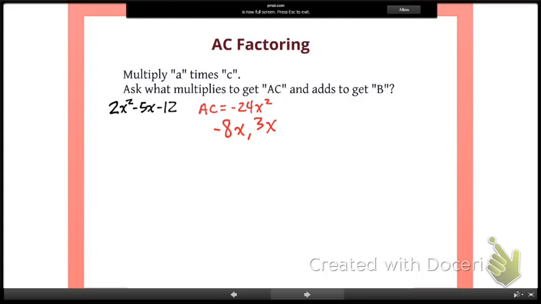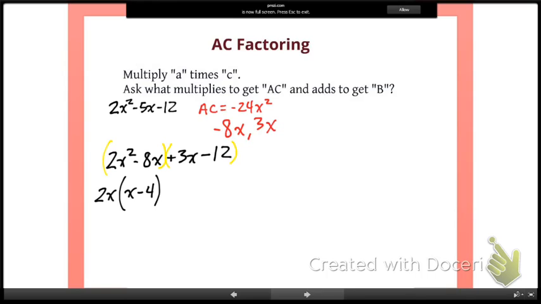So we have our middle two terms, and what we're actually doing is writing negative 5x as the sum of negative 8x and 3x. So we're going to rewrite our original problem, this time creating 4 terms. Now you take the first 2 terms and group them, and the second 2 terms and group them. After you've grouped them, you see what you can factor out of the first set of terms.